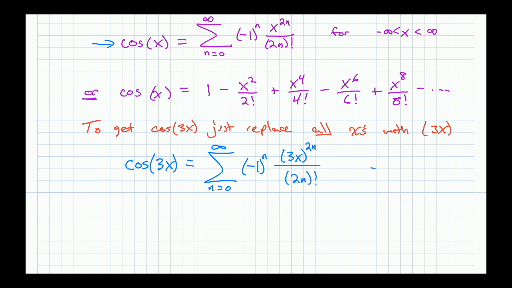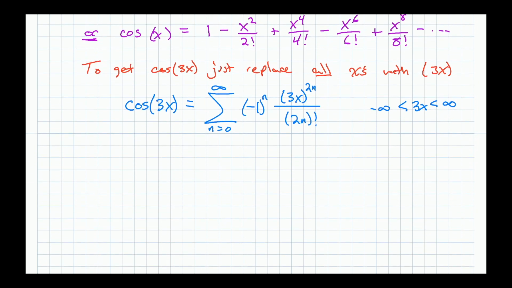And technically you would do this to the interval of convergence, by the way. You would just come over here and go, well, that's 3x in between negative infinity to infinity. But again, it doesn't really matter here. Not only could you do that, you could also substitute the 3x in here for all of these x's.